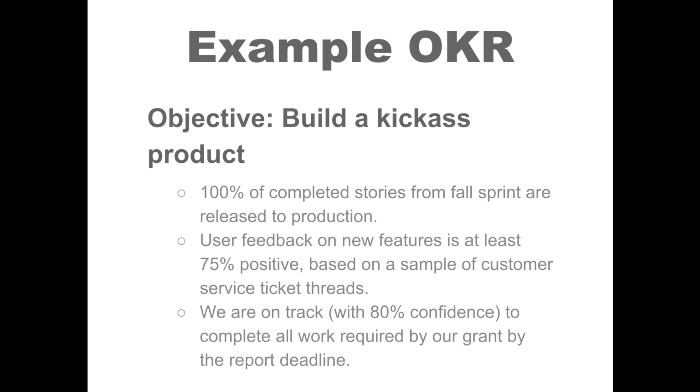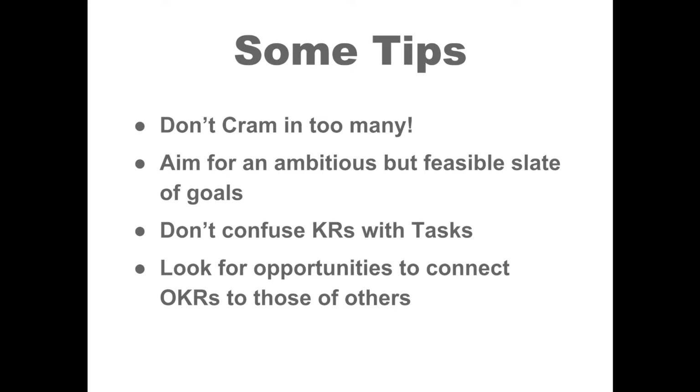And then it's based on a sample of customer service ticket threads. That's important also because that shows where that information is coming from. So when thinking about creating key results, just think about how they correspond to the objective and if they make sense for that objective, and then where that information is coming from.